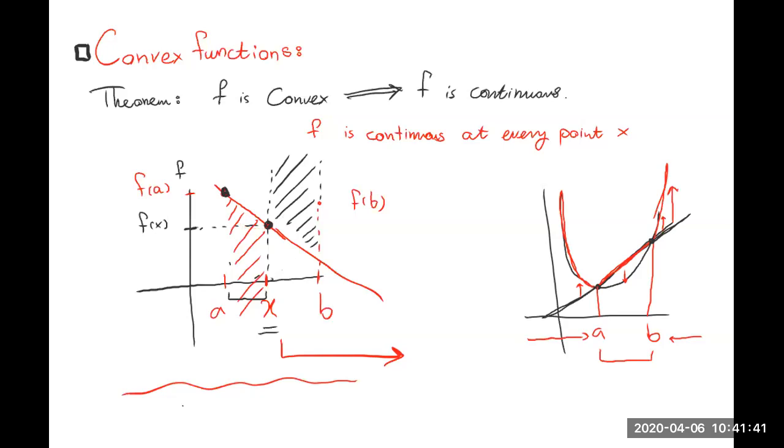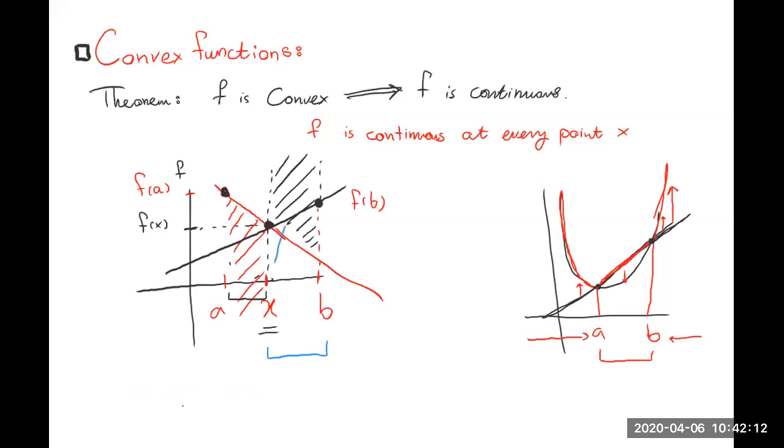On the other hand, we can look at the points X and B. We have this point B, f(B), and we have the point X, f(X). If I connect these two points, I would get another line. Again, because the function is convex, when I connect the points above X and B, above this interval XB, the function should be below this line.